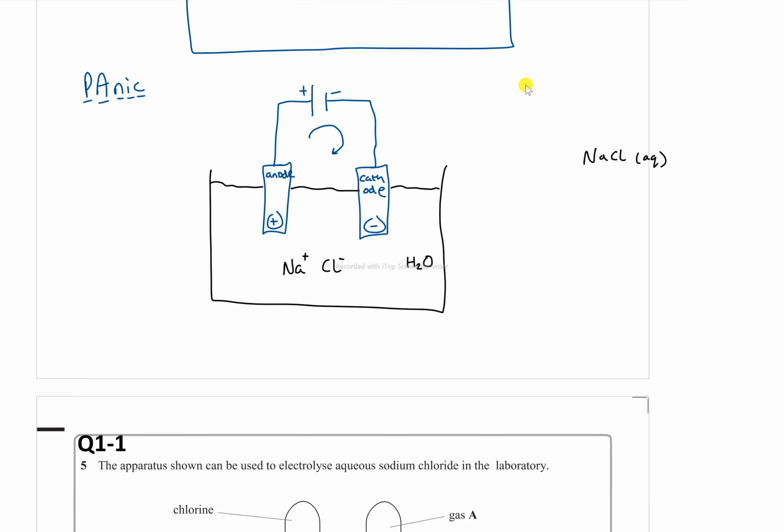Now a good way to look at this is, let me just do this. Look at this as in it splits up into a hydrogen and a hydroxide ion. Right, so what we've got is H plus and an OH minus.